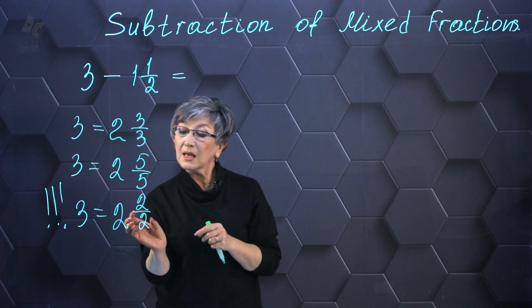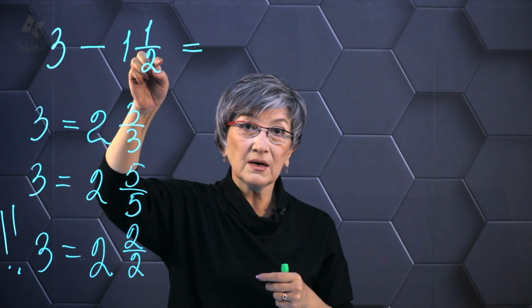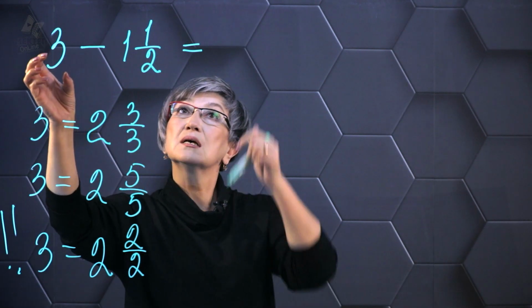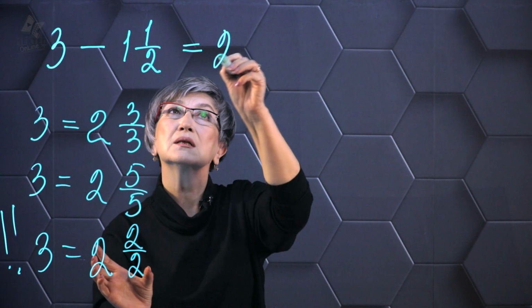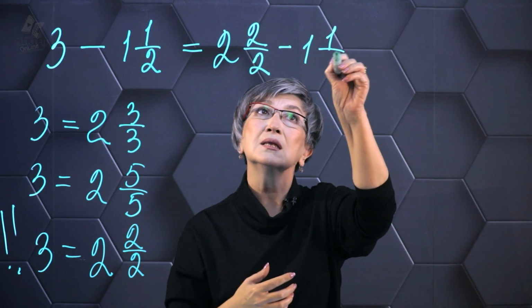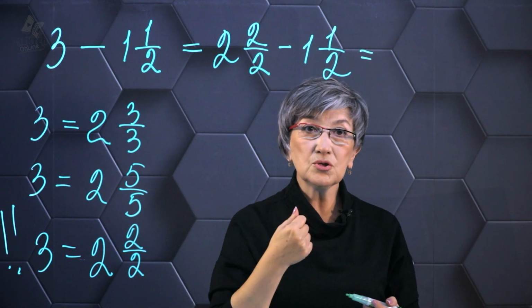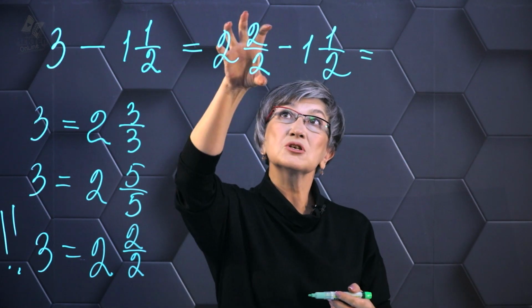I chose the denominator 2. Why? Because I have a denominator of 2 here. And then I write 3 whole ones as 2 whole ones, 2/2, minus 1 whole one, 1/2. Well, now we come to the case where you have to subtract a mixed number from a mixed number.